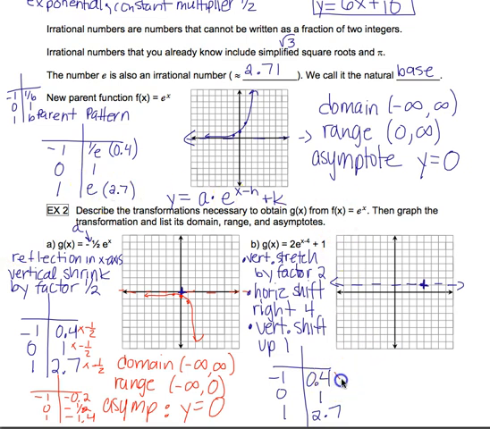So in this case now, I'm going to multiply by my A value of 2. So our 0.4 times 2 is going to give us 0.8. 1 times 2 is 2. And then 2.7 times 2 gives us 5.4.